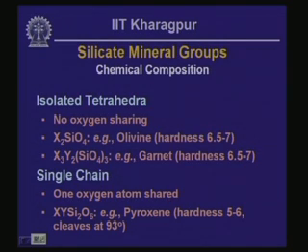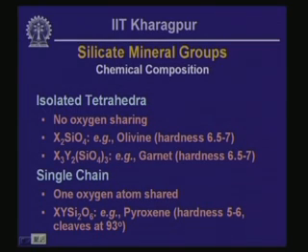Now, let us consider individual rock-forming minerals which classify as different types of silicate structures that we just now discussed. The first one that we are going to consider, the simplest one, is the isolated tetrahedra.